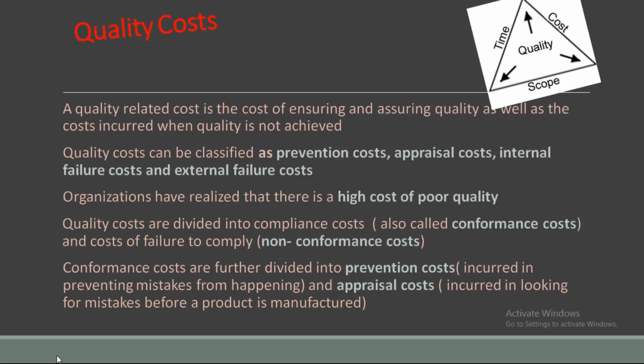So that is non-conformance. So, the 4 types of costs we incur to maintain quality: prevention and appraisal, we call it conformance cost; internal failure and external failure, we call it non-conformance cost. We have to look at this, but we have to strike a balance.